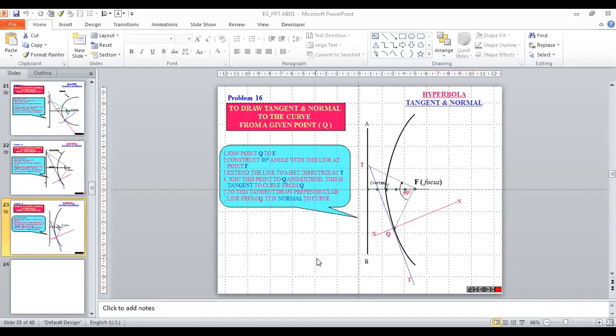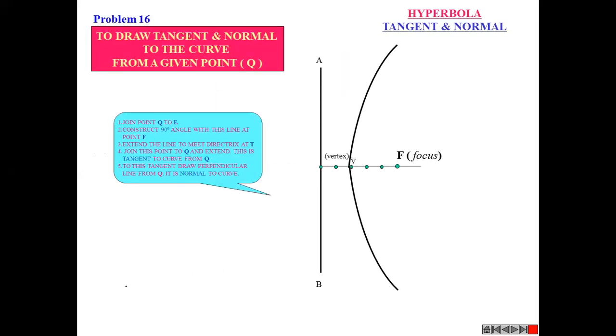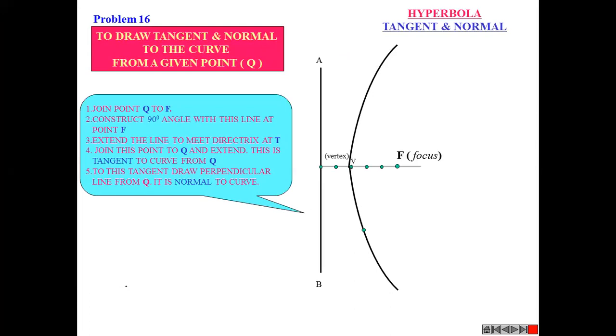So now we will see how we can draw tangent and normal to the parabola. Then we will close this session. So we need to practice this thing. Now, again the same directrix is given. Fine, a point is given.